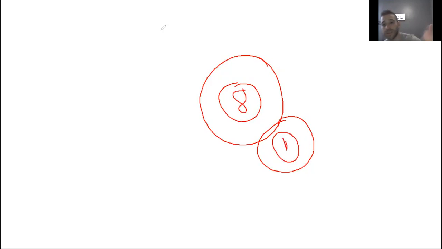So that means in this molecule we have 8 plus 1 is 9 protons.